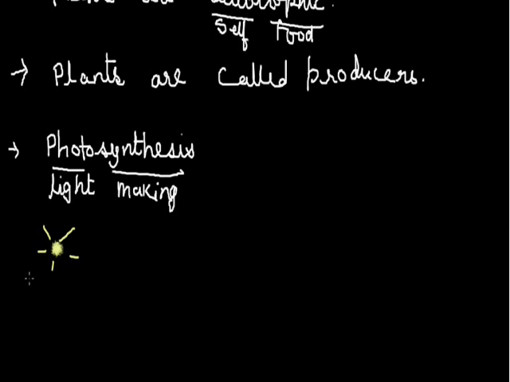The second thing which the plants require for this purpose is chlorophyll. And where is it present? Chlorophyll is a green pigment in the leaves which has the capacity to capture solar energy.